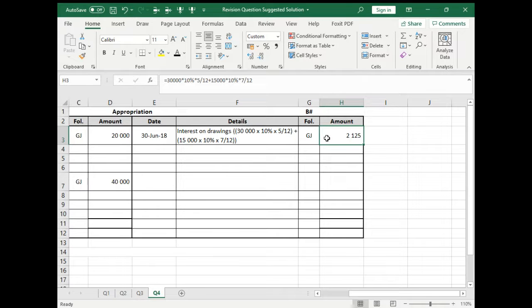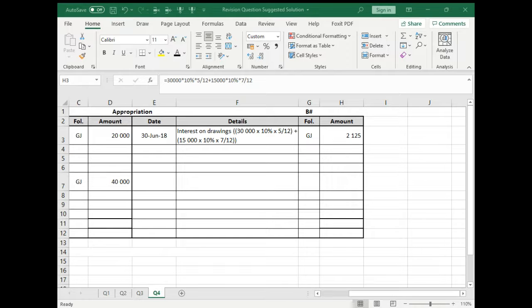You can show it either in the account, or at the bottom. If you don't want to write out the calculation in your account, put a number 1 or a number 2, and then at the bottom a number 1, and then you do the calculation. But you need to clearly show me where you've done the calculation so that I can apply the method marks. Okay, so that is the second one.